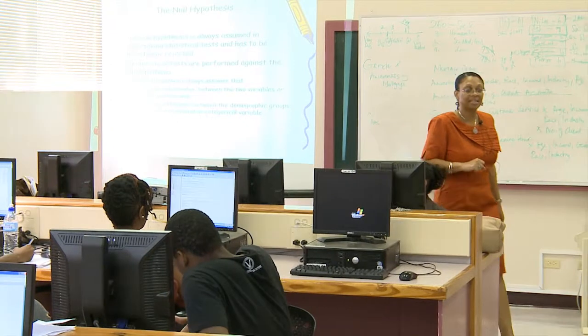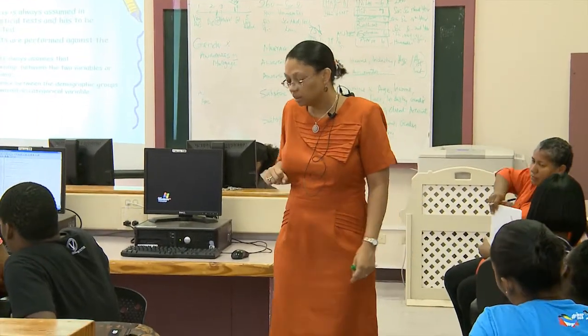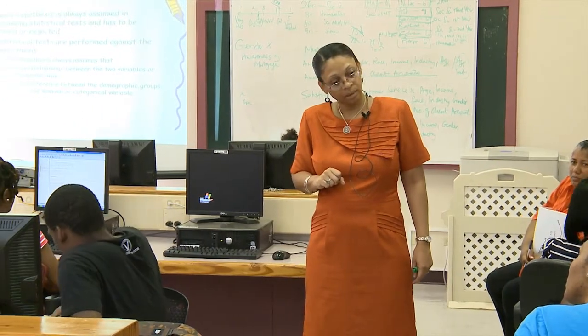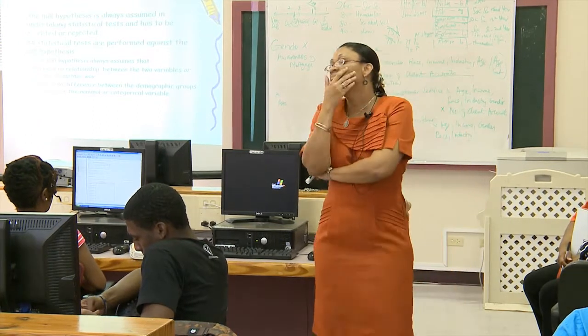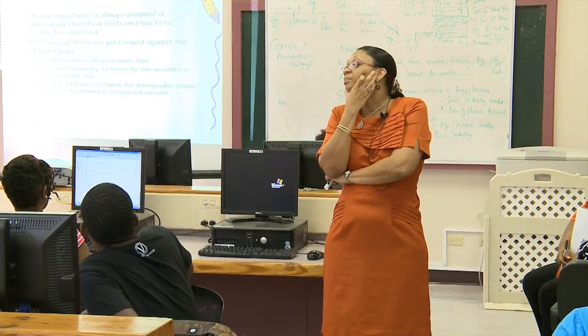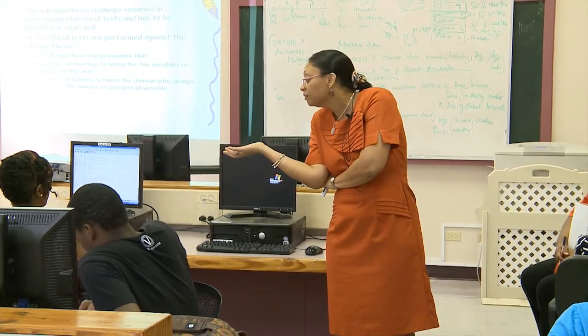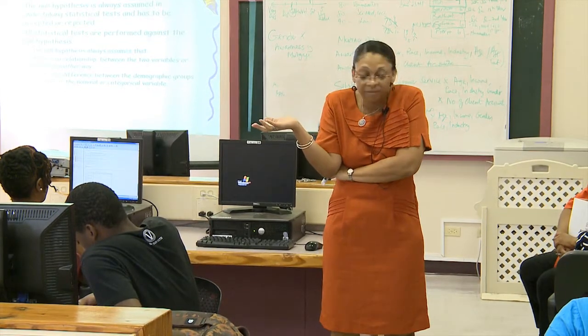Every statistical test is run against the null hypothesis. Everybody got that far? What does the null hypothesis say? Can anybody remember? Everybody's the same. There's no relationship between a person's gender and awareness of the mortgage plan, or men and women have the same level of awareness of the mortgage plan.